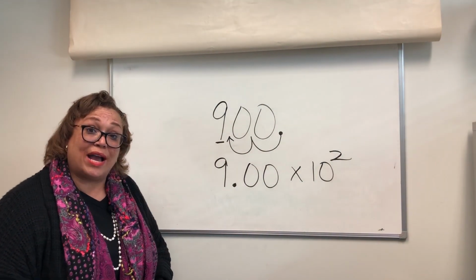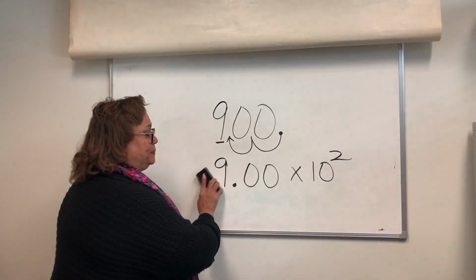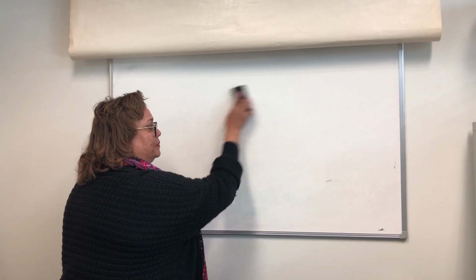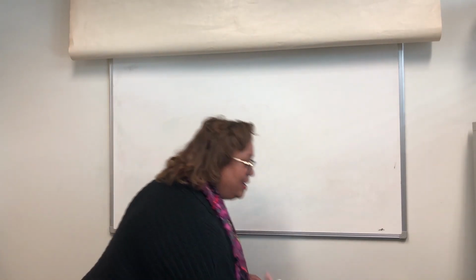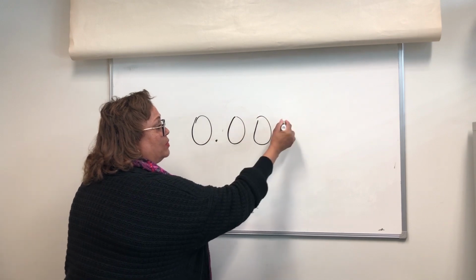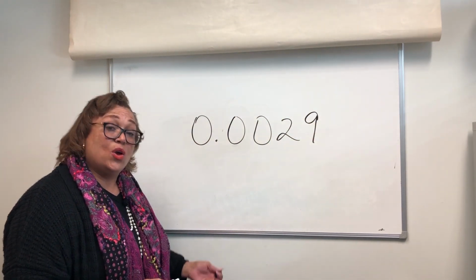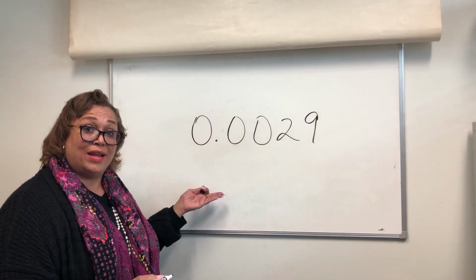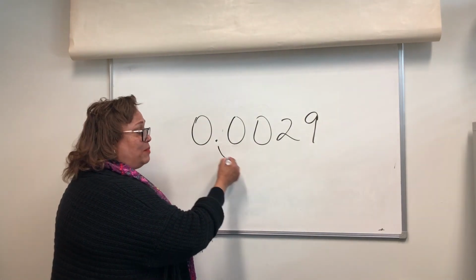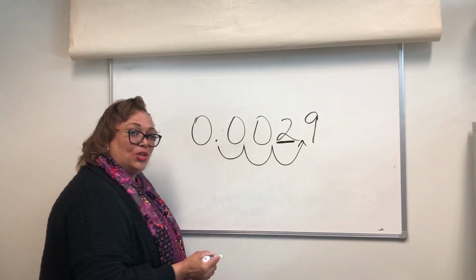Now, let's try it if it's less than 1, such as the following. Let's try 0.0029. So here we have a number that's less than 1. So we're going to bounce that ball, just move it behind that 2.